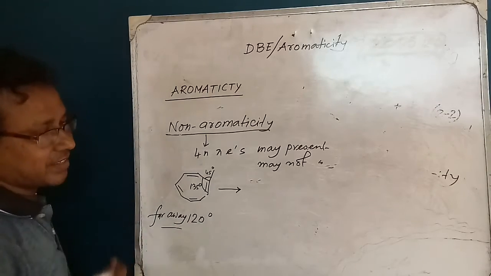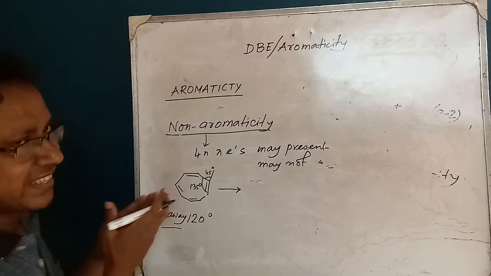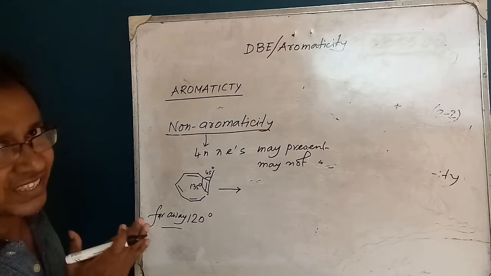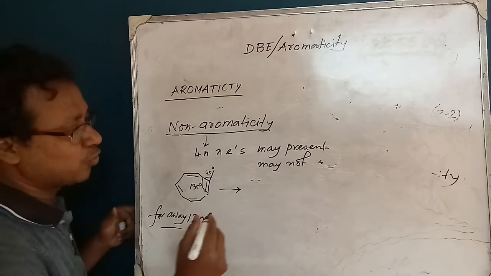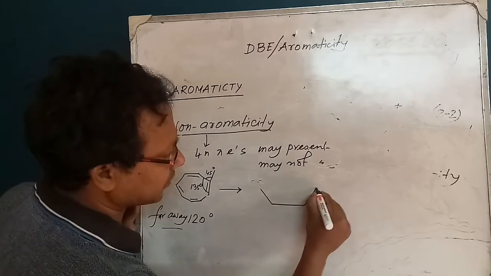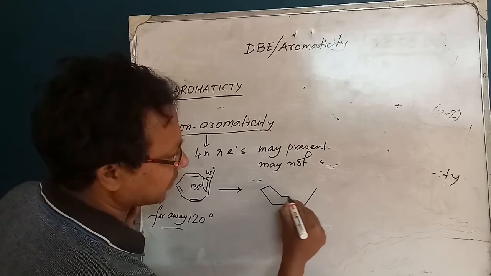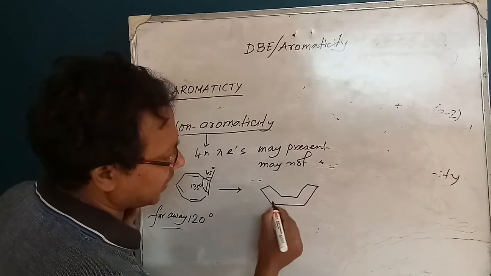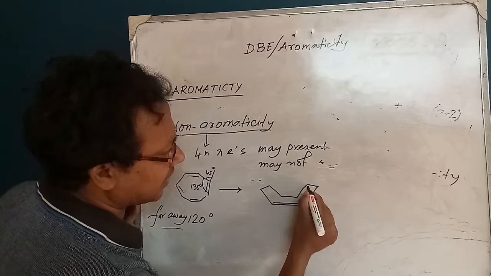Far away from 120 degrees. That's why there is a tension in this ring and it gets puckered to this type of tub shape.